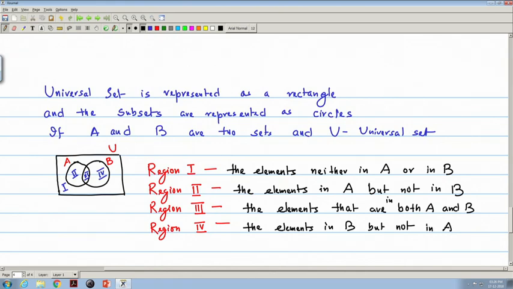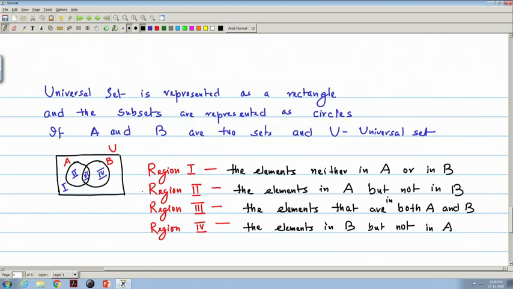So, normally we represent it this way, using rectangles and circles with these notations showing which elements we cover.